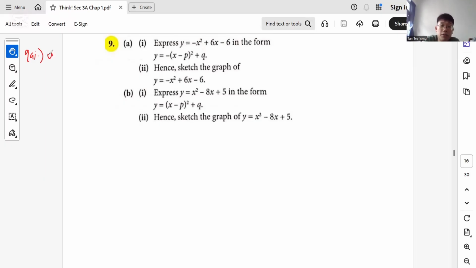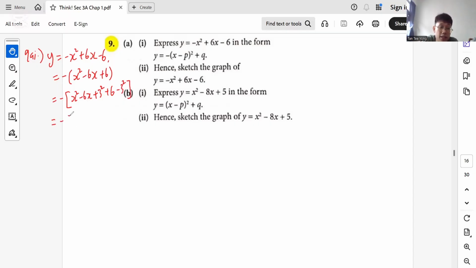So y equals negative x squared plus 6x minus 6. Then completed square form. So factorize out the negative, so we have x squared minus 6x plus 6. So equals negative, square bracket, x squared minus 6x plus 3 squared, plus 6 minus 3 squared, close the bracket.